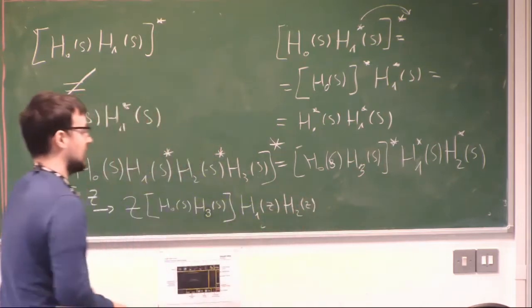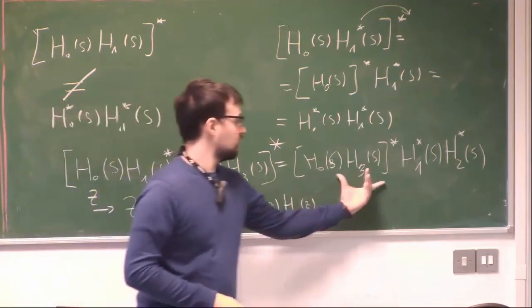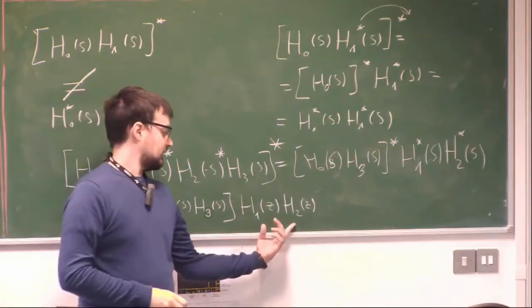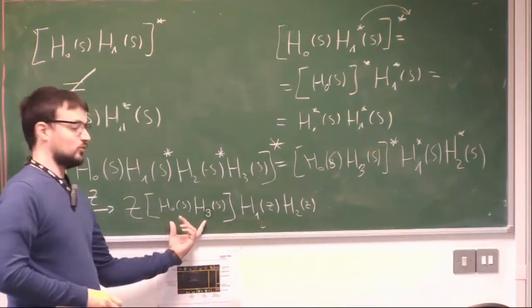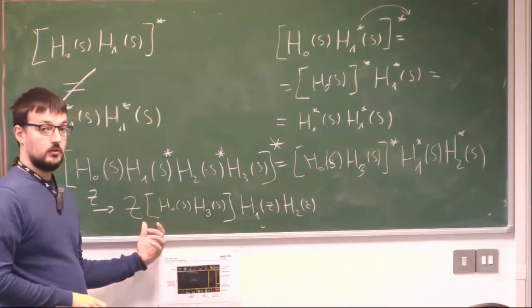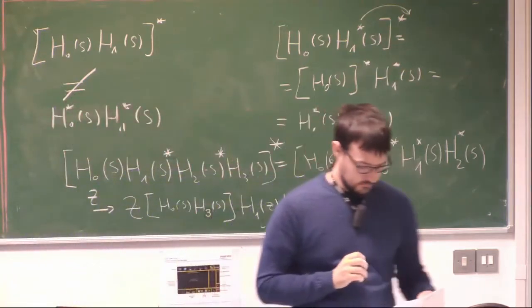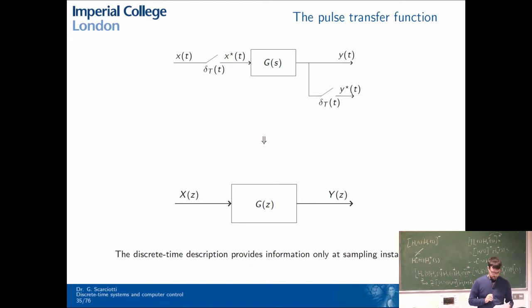So you see that this is useful because we can go from here to the Z domain and we see what can be transformed and what we have first to multiply and then transform. So this will be clearer in a little moment.